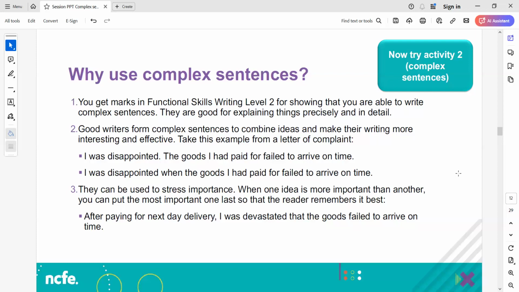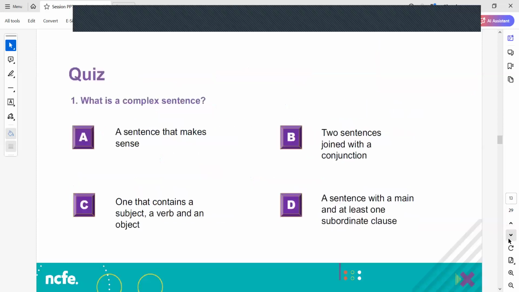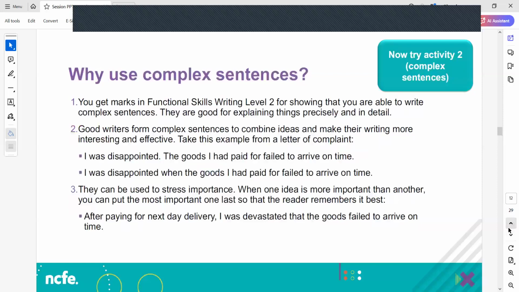So the reader is left with that thought of how devastated you are about the goods because they failed to arrive on time. So that's our reasons for using complex sentences. Any questions about complex sentences?